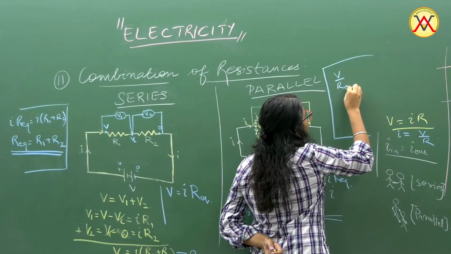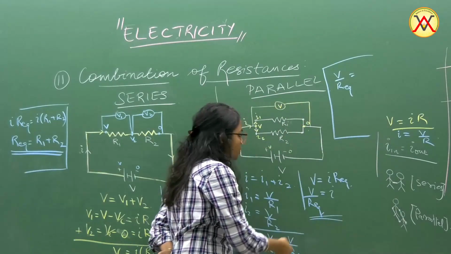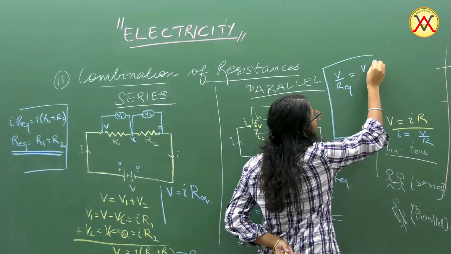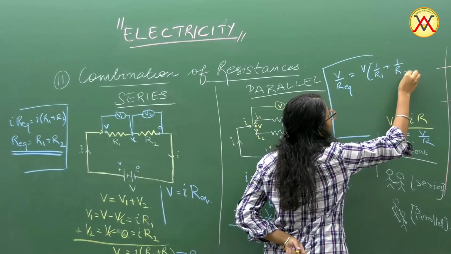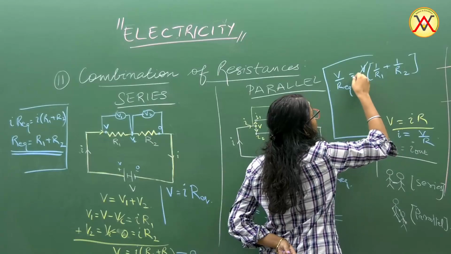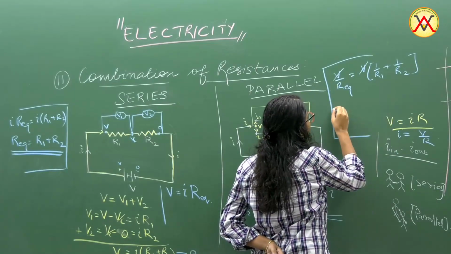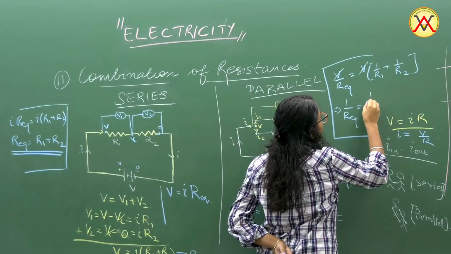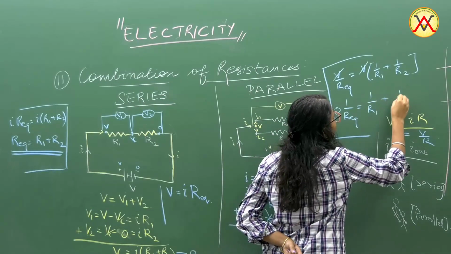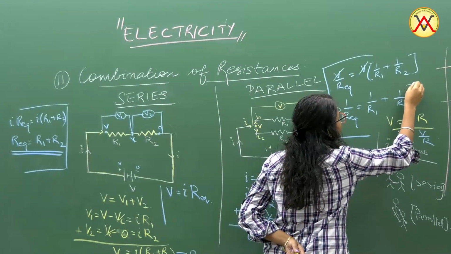V upon R equivalent is equal to V upon R1 plus V upon R2. I have taken V as common. It gets cancelled out. So the result for our parallel combination is 1 upon R equivalent equals 1 upon R1 plus 1 upon R2.